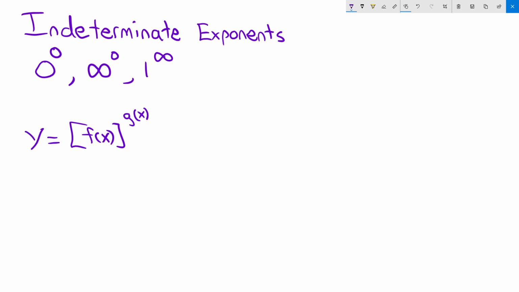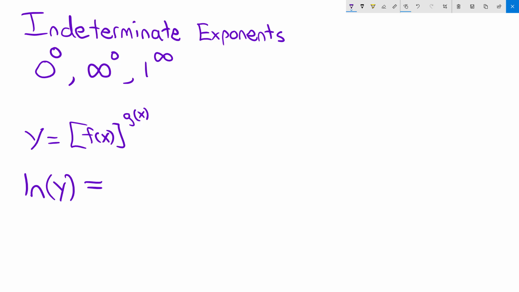Let's call it y. Typically, whenever we want to get rid of exponents, or at least move them out of the exponent and in line with other parts of the expression, we take a log. If we were to take a natural log of both sides of this equation, then one side would be natural log of y.